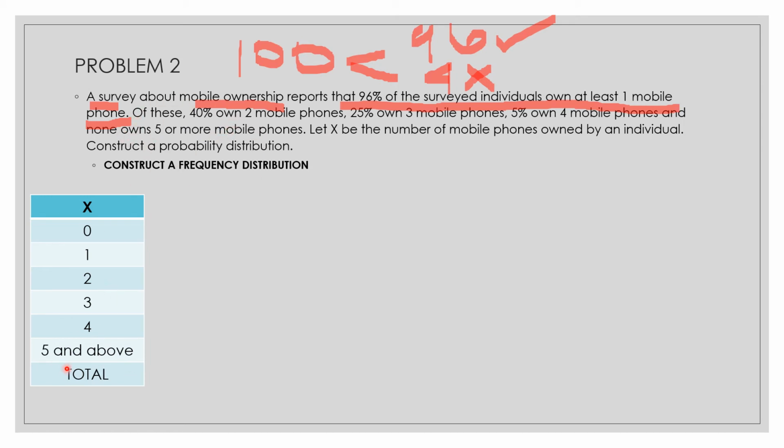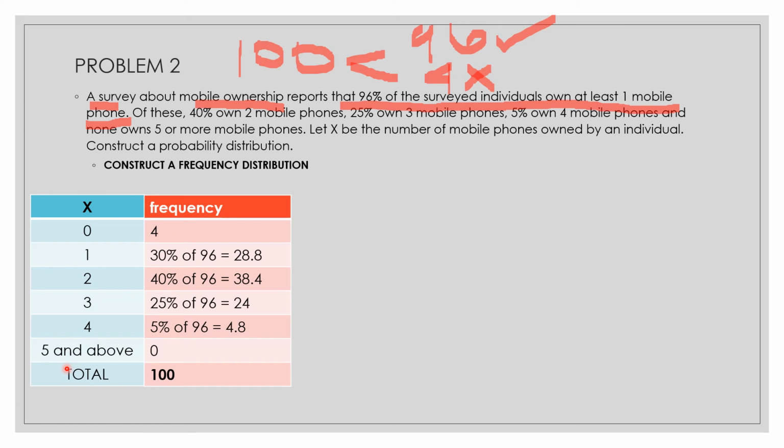Kaya, ganyan. Next, we're going to construct their frequency. Ito, from our first illustration, itong nasa taas. Sa 100, may 4 na walang cellphone. So, pag ita-table natin, x is 0 or no cellphone, may 4. Okay? Next, ilan yung may isang cellphone? Wala pa, no?